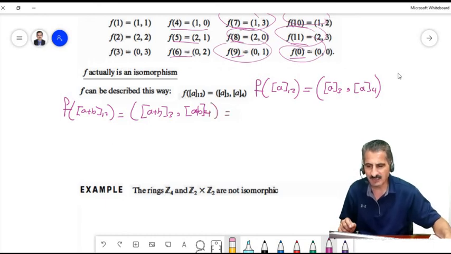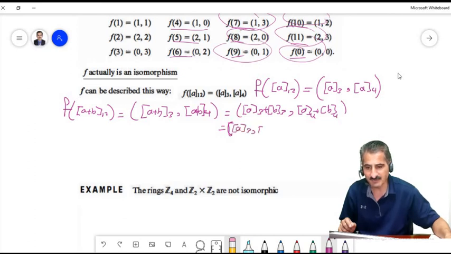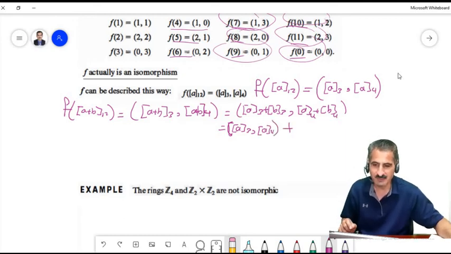Okay, and that gives, we can write it this way, equivalence class of a plus equivalence class of b modulo 3, equivalence class of a plus equivalence class of b, but this time modulo 4. But this can be rewritten as the following ordered pairs: equivalence class of a modulo 3, equivalence class of a modulo 4, plus equivalence class of b modulo 3, equivalence class of b modulo 4.